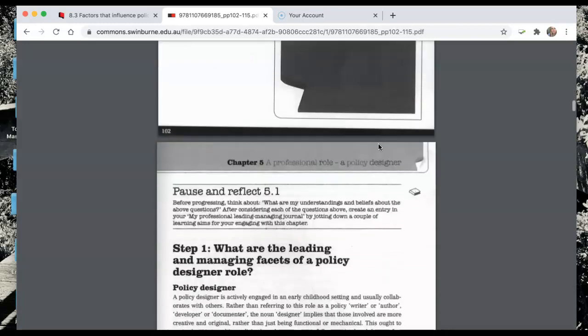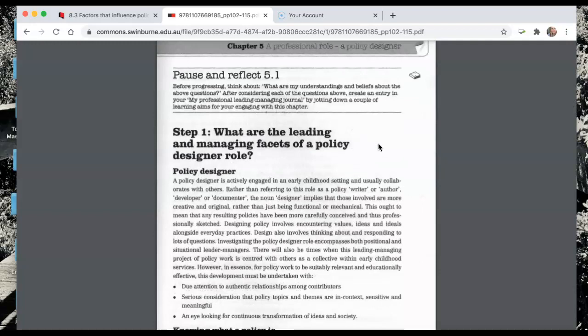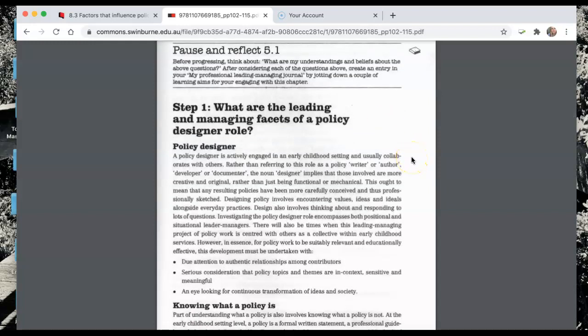I can see a lot of correlations between the content in this reading and what we need to do in assessment 2. Step 1 is quite broad and talks about the reason why we have policies and why they're important.